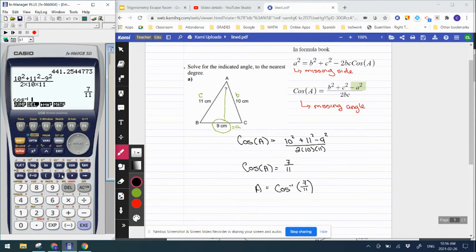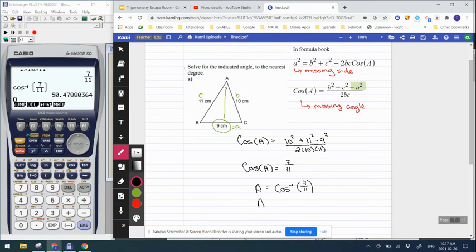And we're going to put 7/11 in there. So 7 over 11. There is our angle. So we can say A rounded to 3 significant figs. So we have 50.4. The 7 is enough to bump up my 4, so we're going to have 50.5 degrees.